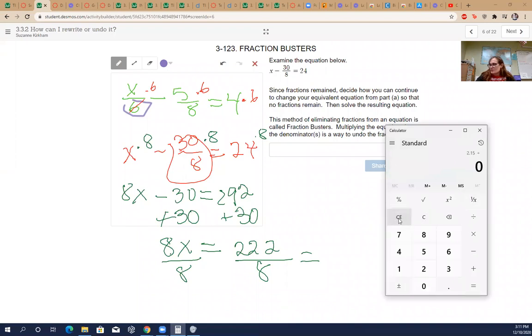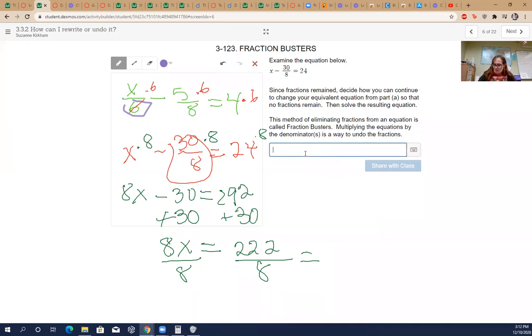Clear everything. 222 divided by 8 equals 27.75. So 27.75 or 27 3/4. And that is what x equals. We forgot, we've got to go x equals. There we go. 27 3/4.